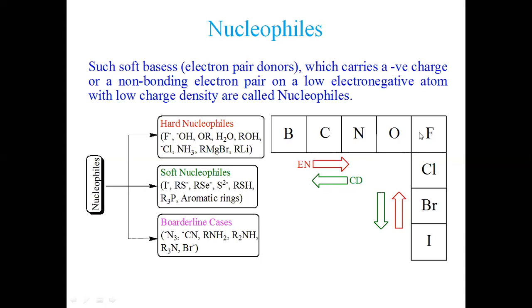But if we are moving down the group, if you remember what is happening down the group, the electronegativity is decreasing. Or we can say if we are moving from bottom to top, the electronegativity is increasing.